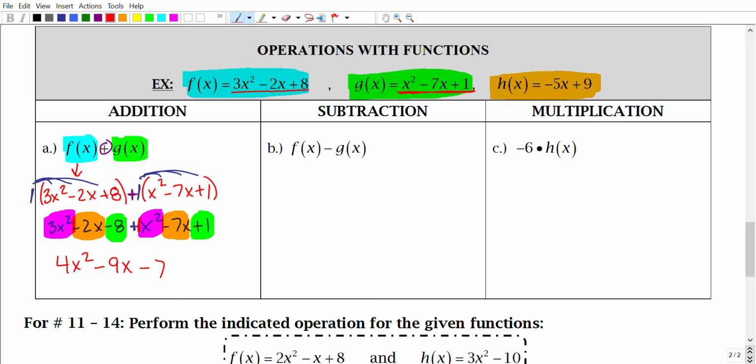Outside of those parentheses would be a 1, so even if you distributed a 1, you'll end up with the same answer. So we can basically get rid of the parentheses for addition. And then all we did was combine like terms, and when we did that, we ended up with 4x squared minus 9x minus 7.